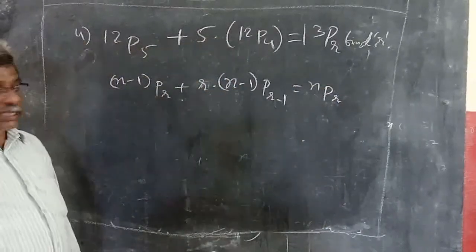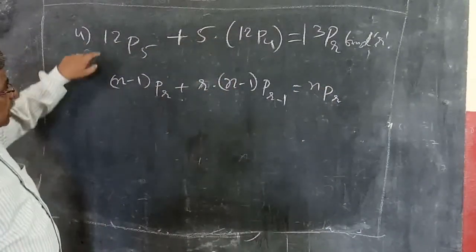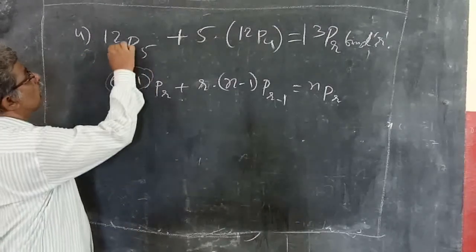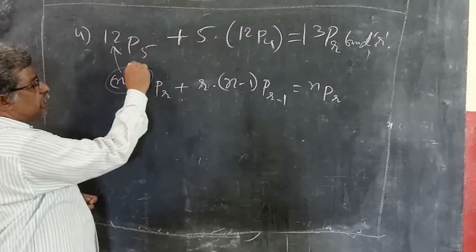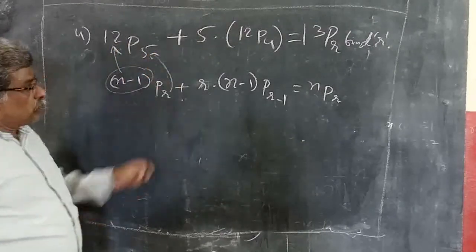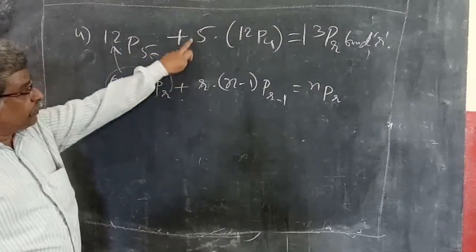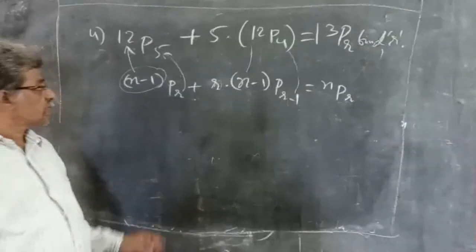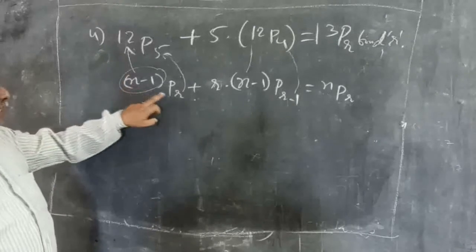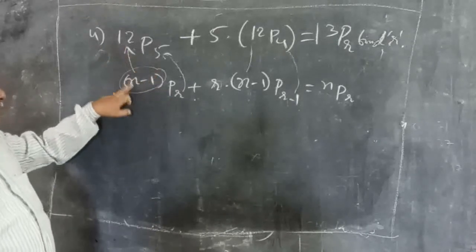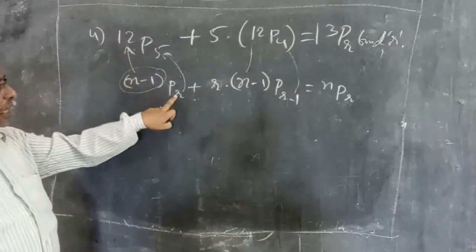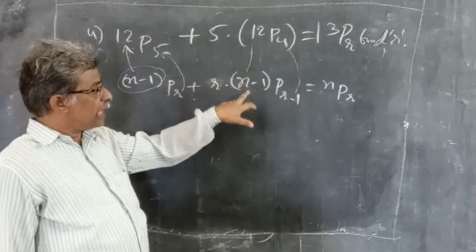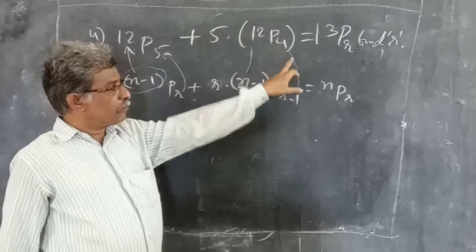Using this formula, 12P5 means n-1 is 12, r is 5. Now r into means 5 into (n-1)P(r-1), observe, n-1 is 12, P(r-1) is 5 minus 1, 4.